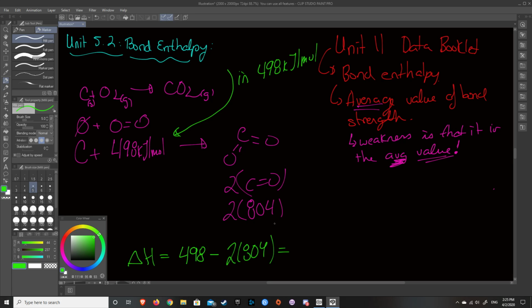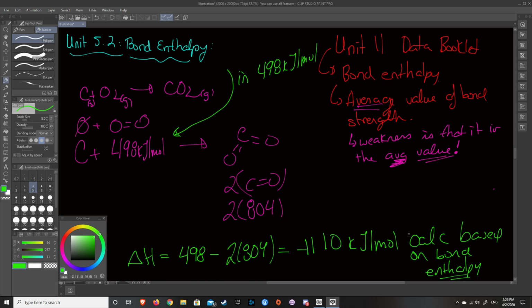So our delta H value for this combustion reaction is negative 1110 kilojoules per mole. Okay, so this is calculated based on bond enthalpy. Now you can see that's what we've calculated based on our bond enthalpies.